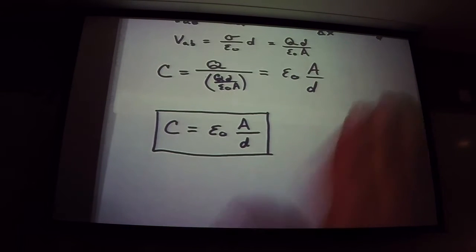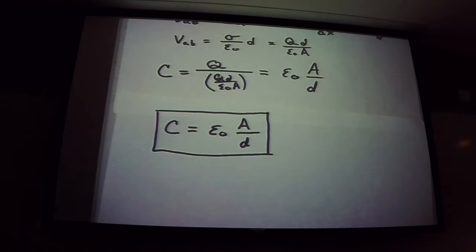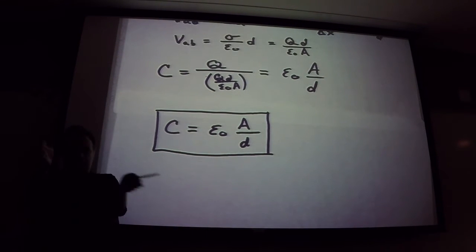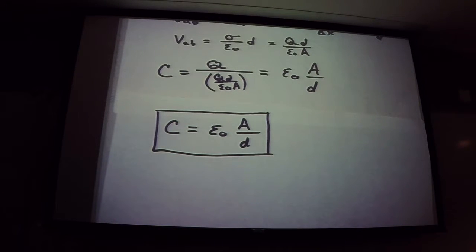Yeah. So you can grab the rest of this? This derivation is actually in the textbook. A is the area of the plate, and D is the distance between the plates. And epsilon naught is that constant.